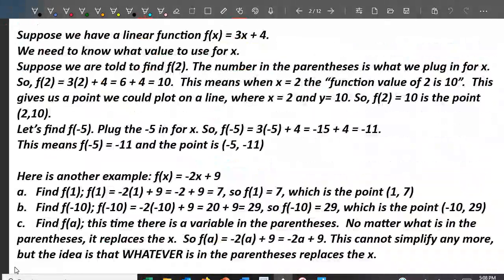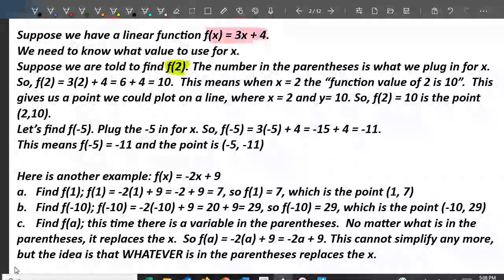All right, here's a couple of examples. Here is a linear function. In order to do these, I have to know what to use for x. It's written like this: you will have a number or something inside the parentheses. What's inside the parentheses is the x that you plug into the function.